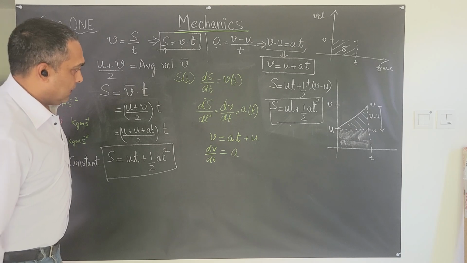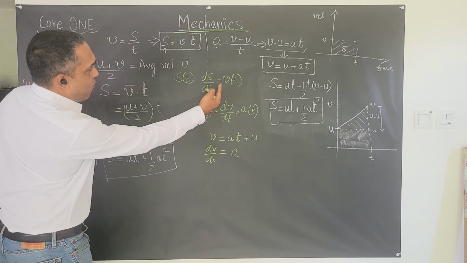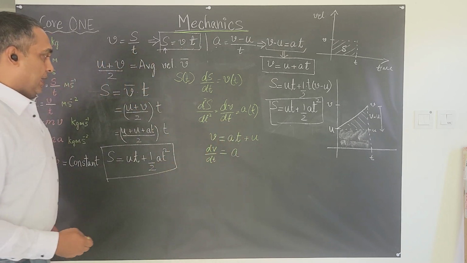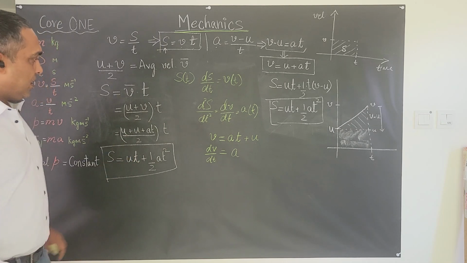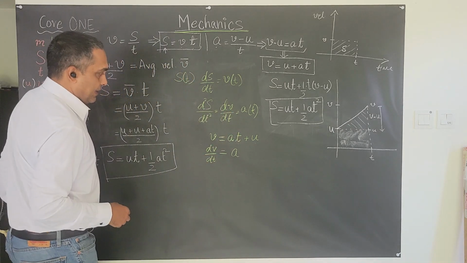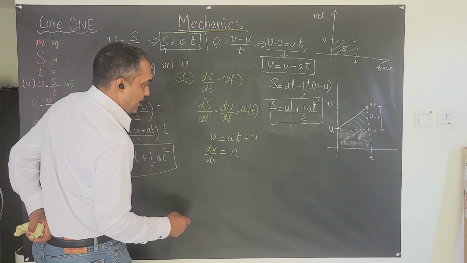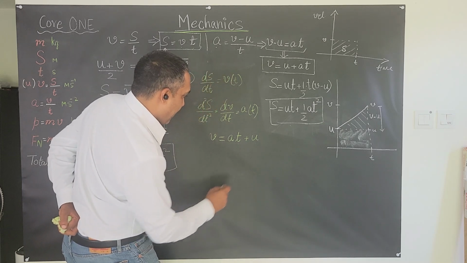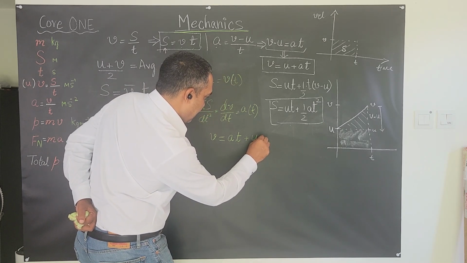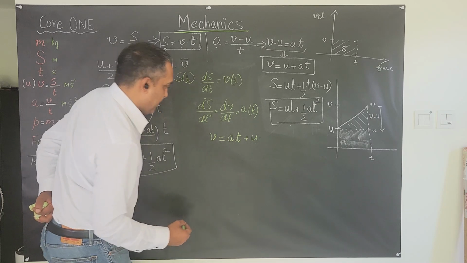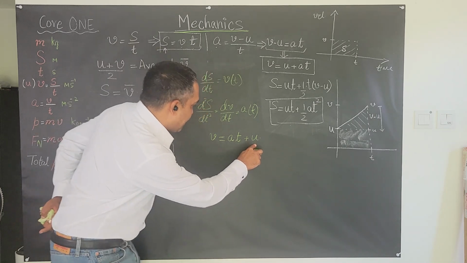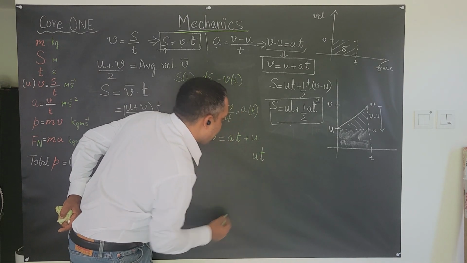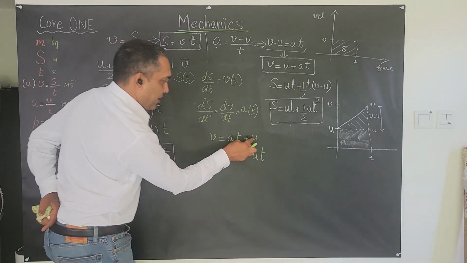Looking good so far. Now we need to come back one more level to s. It's almost as if we're going to attempt to integrate this function to get s. If I try to integrate this, it could be ut, because the differential then will give you u.